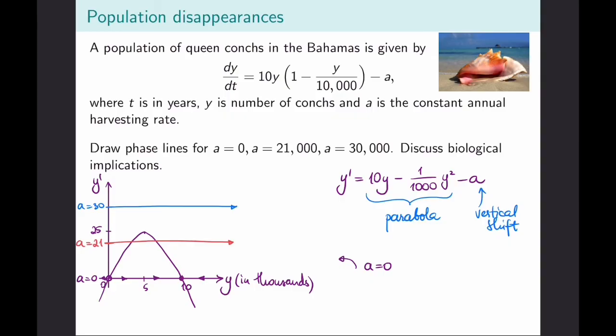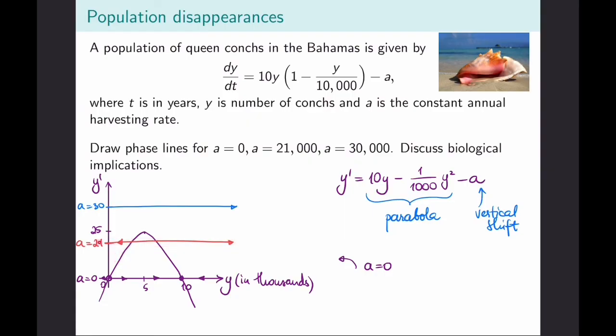When a is equal to 21, I have this as my phase line and this as the graph that corresponds to it. So let's mark this portion with the arrows. This is now my main horizontal axis. When the graph is below it, the arrows are to the left. So my red arrows here will go to the left.